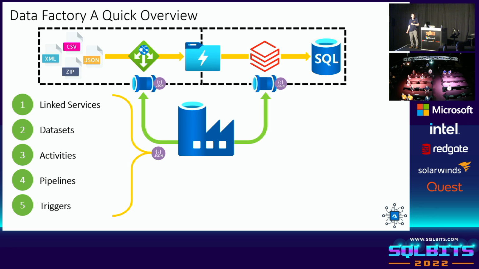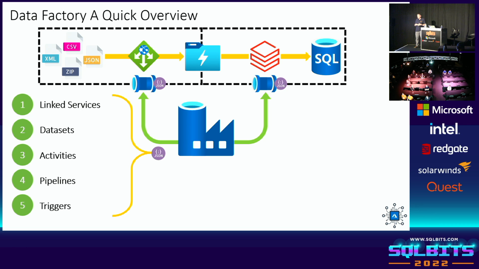Number one, our linked services, something that Data Factory needs to authenticate, to communicate, to interact with another service out there in the wilderness, whatever it may be. There's, I think, 100 or so now linked services available for Azure Data Factory, so it can talk to a lot of stuff. We have our data sets, number 2.